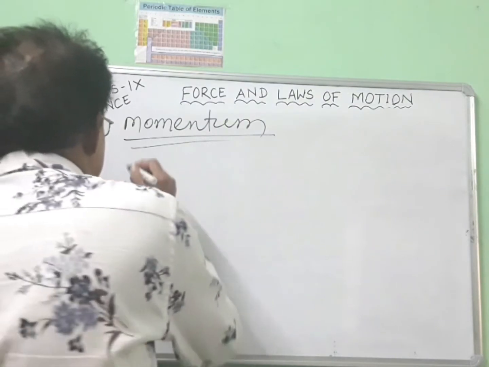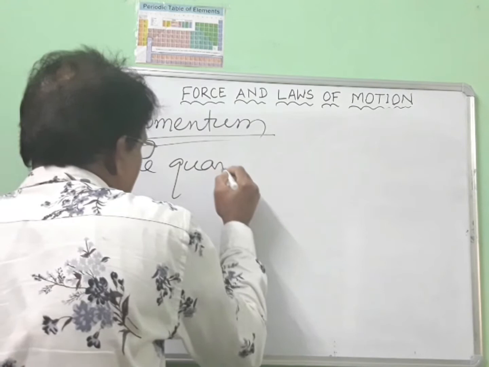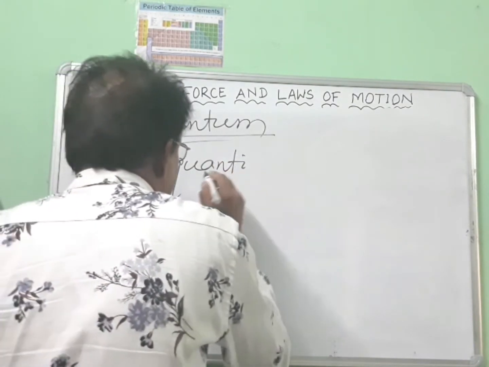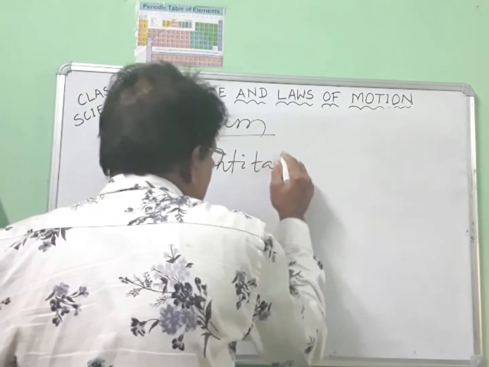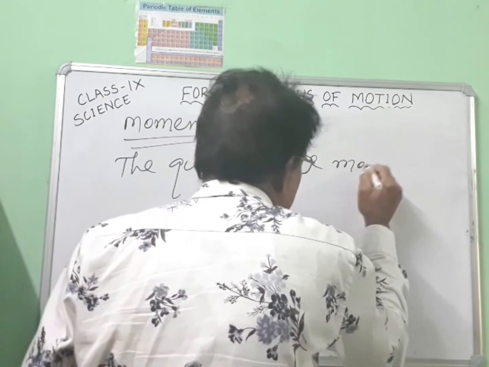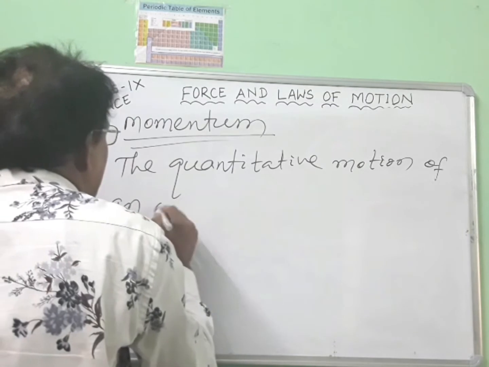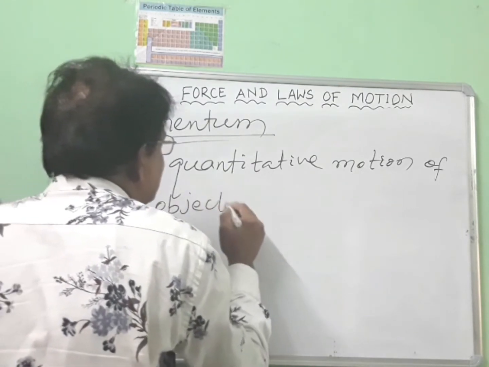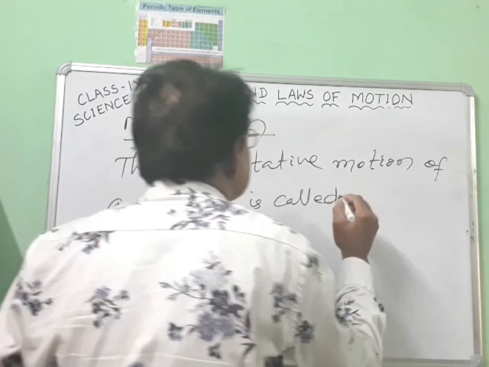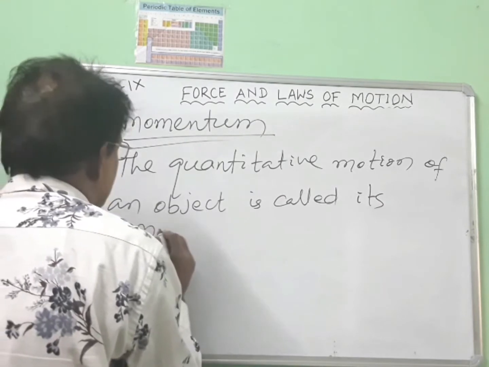So the definition: the quantitative motion of an object is called its momentum.